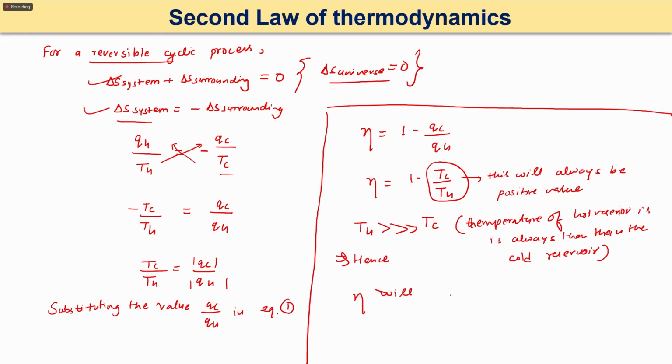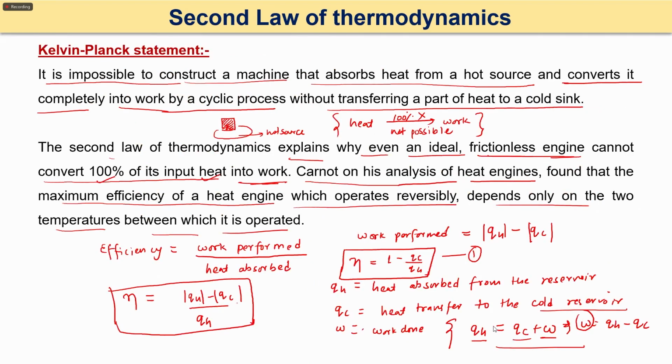Eta will always be less than 1. That is the statement of the second law of thermodynamics, which states that engines cannot convert 100% of input into work.